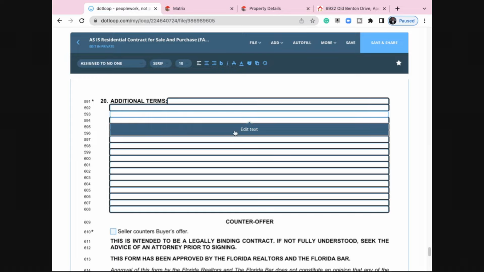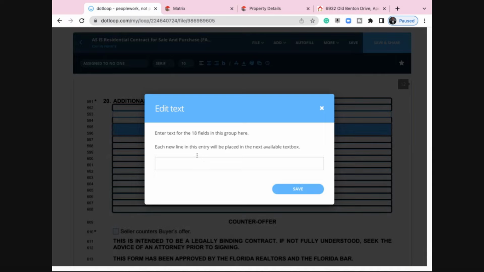You type it in here or write an additional addendum where you would say, and buyer and seller agree. Well, let's type it in.